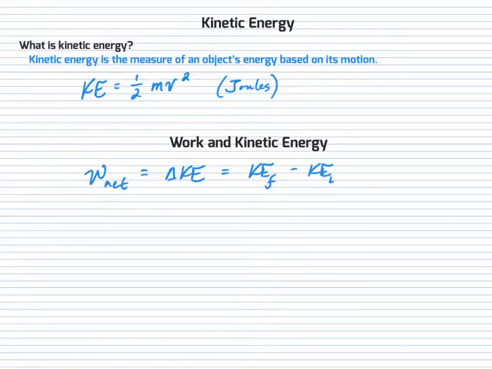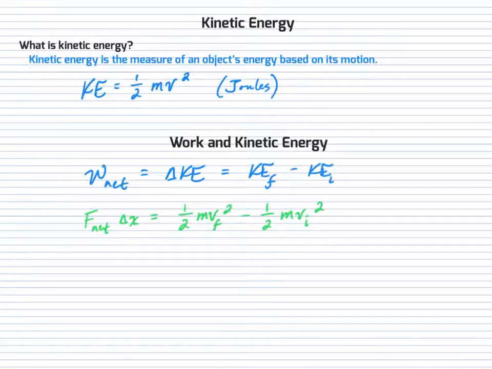Now we can extend this expression a little further, and say that net force times displacement is equal to 1/2 m v final squared minus 1/2 m v initial squared.